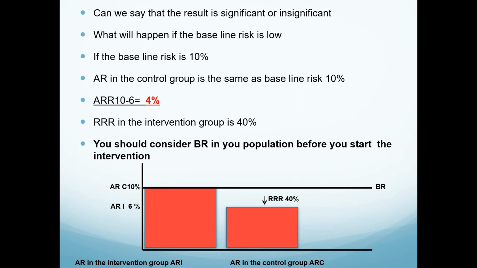Am I going to introduce a new, expensive drug to count only on the relative risk reduction? The company comes to you and tells you that this medication is used for whatsoever, and the risk of developing kidney impairment is dropping from the baseline by a relative risk reduction of 40%.